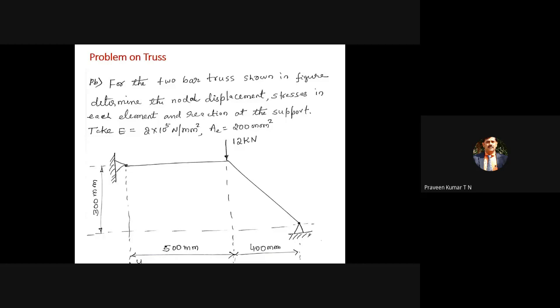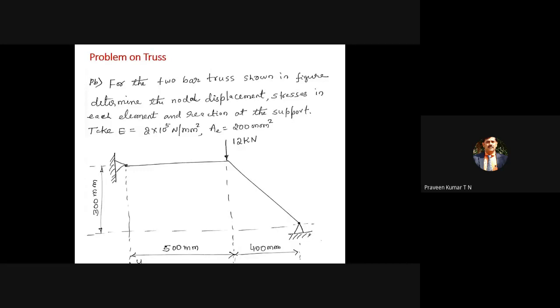I'm seeing only the PPT at present. That's why I'm asking in between whether the PPT is visible or audible. Otherwise, I'll go on talking even if it is disconnected.